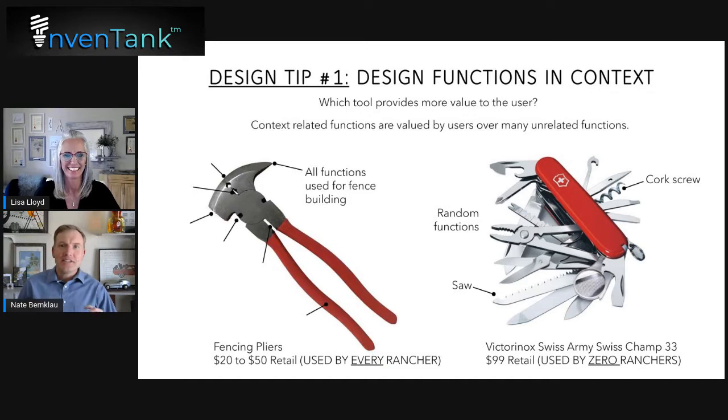So this idea is to design functions in context. Consider the difference between a pair of fencing pliers that's used by every rancher and a Swiss Army knife that's used by no rancher. I've never seen a rancher carrying a Swiss Army knife. It's partly because the functions are in context. All the different features on a pair of fencing pliers belong to the domain of fencing.